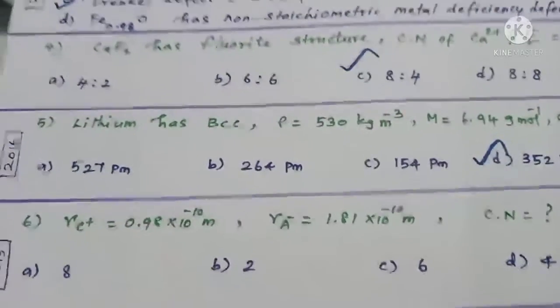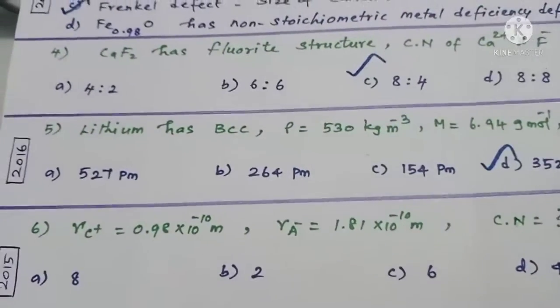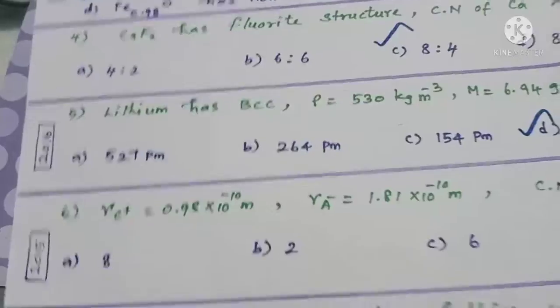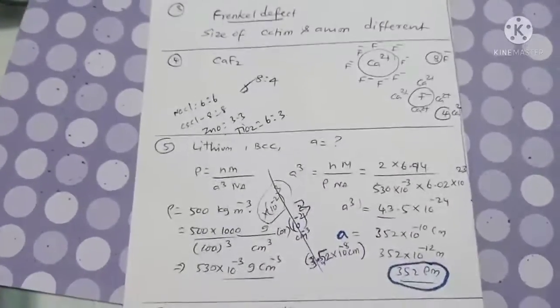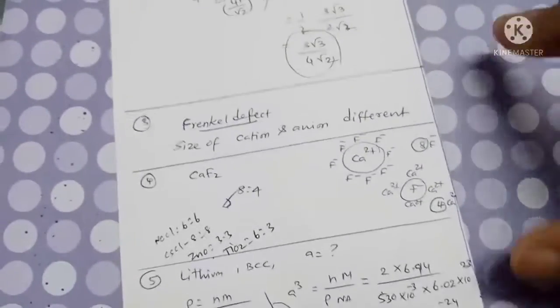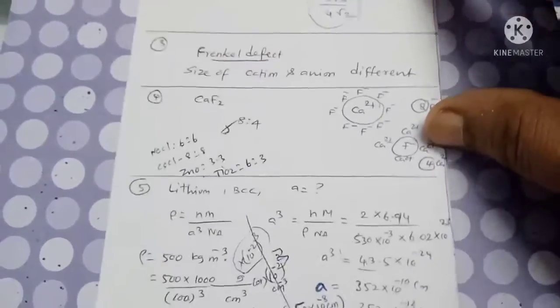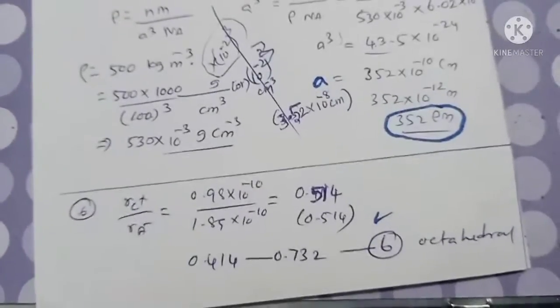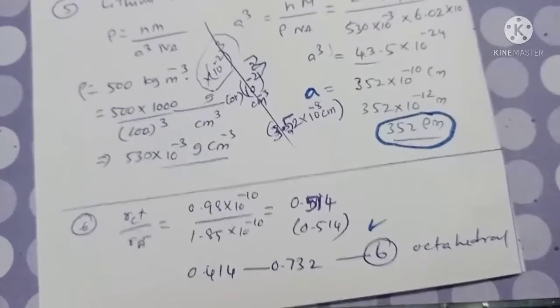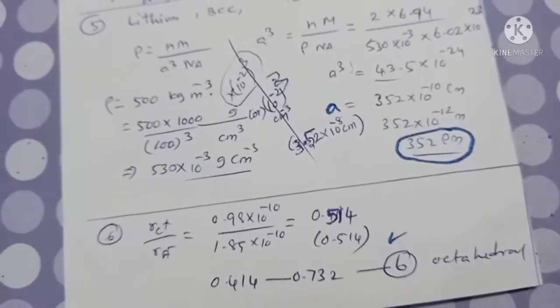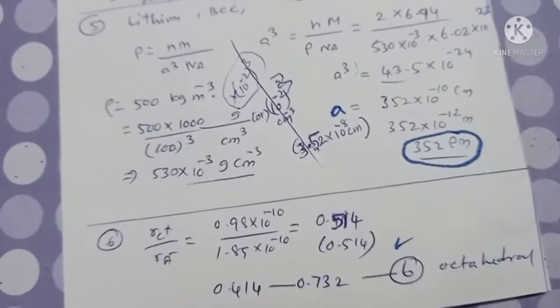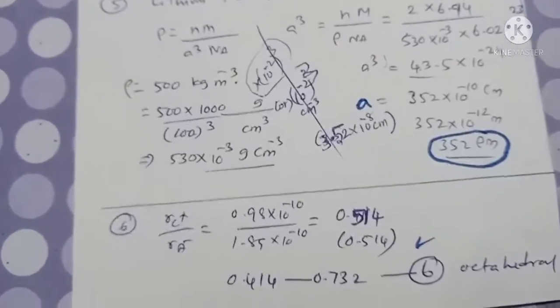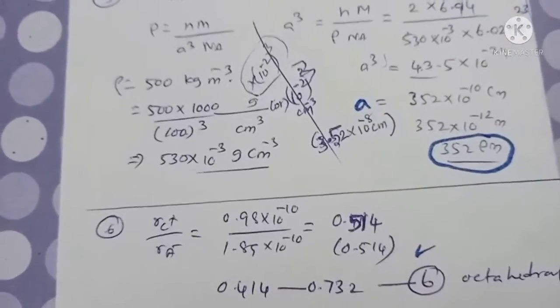For this you have to take the radius ratio. If you know the radius ratio of an ionic crystal, you are able to find out the coordination number of the crystal as well as even the geometry. So the radius of cation divided by the radius of anion; substituting the values, I get 0.514.